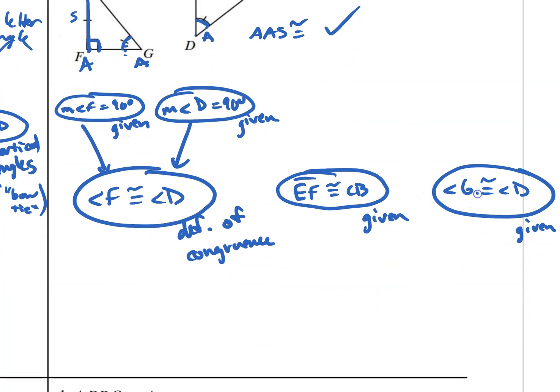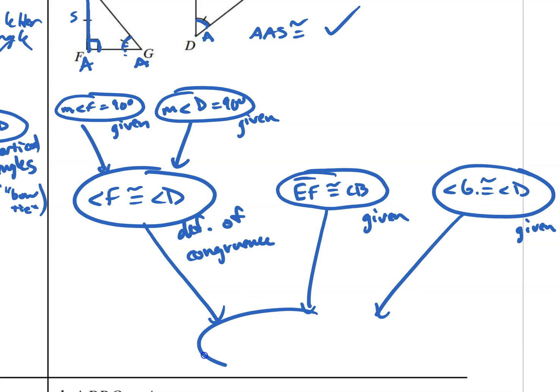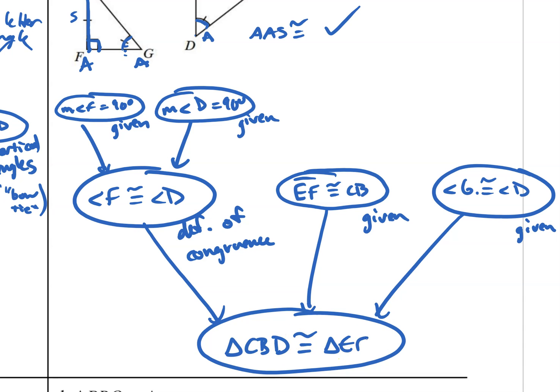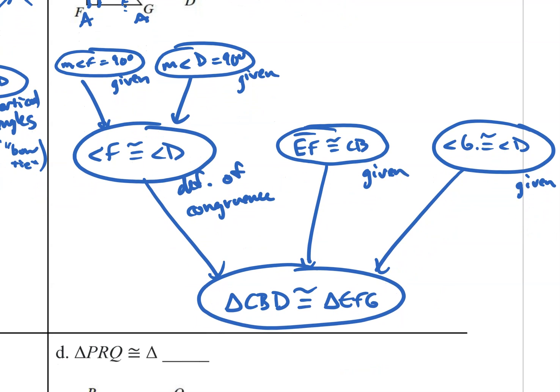So these 3 things tell us that angle's congruent, that angle's congruent, that side's congruent. They tell us that triangle CBD is congruent to triangle EFG. And we know they're congruent because of AAS.